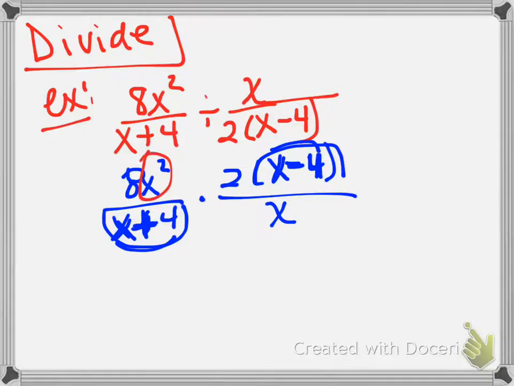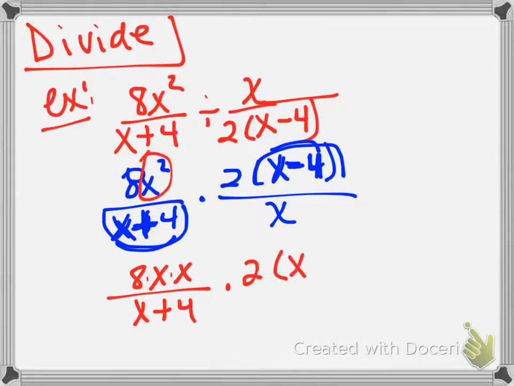Well, we can write the x squared as two separate terms. So this could be 8 times x over x plus 4 times 2 times x minus 4 over x. Now, this problem does not have much that will cancel, but we are going to cancel what we do see. So I can take this free x and cancel it with one of these free x's.